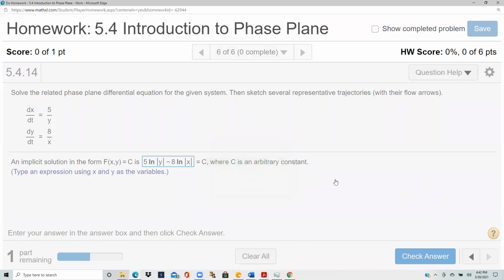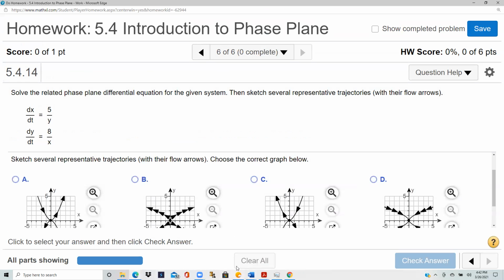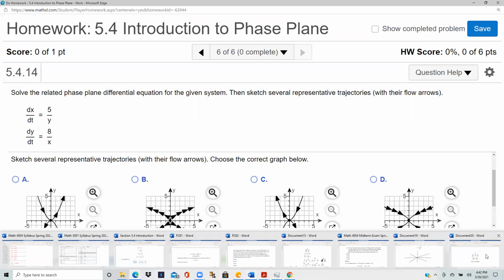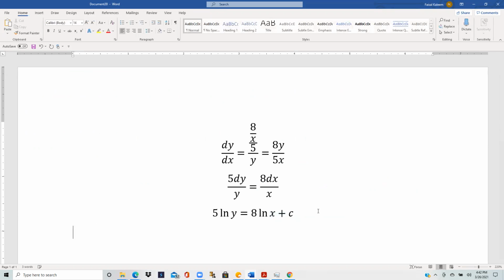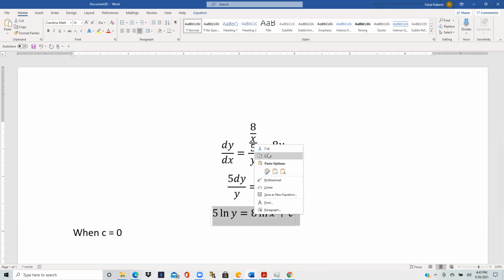And for the sketching, again, the most convenient value is c is equal to 0. So when c is equal to 0, you get 5 ln y is equal to 8 ln x.